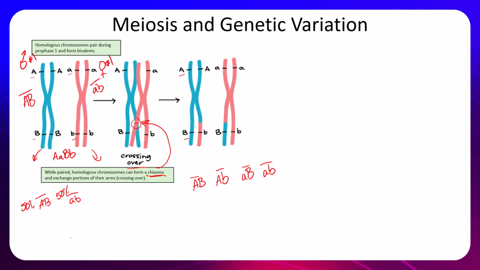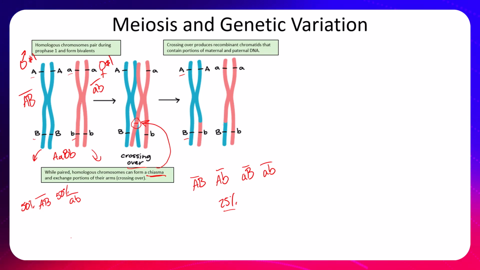And what happens from this one crossover event is that now there are 4 gamete options, and each of them has an equal 25% chance. So we go from having only 2 options in our gametes to having 4 options, and so one crossover between one homologous pair doubles the number of gamete options we have through meiosis.